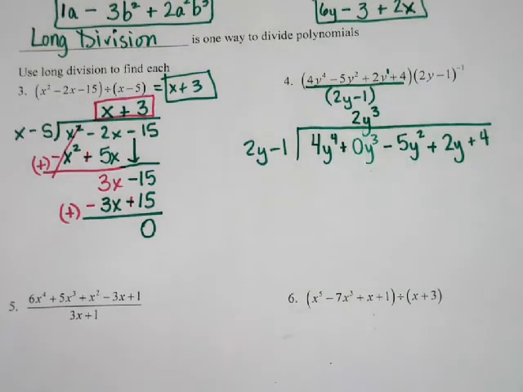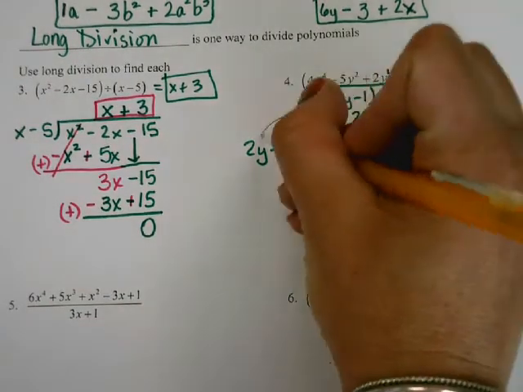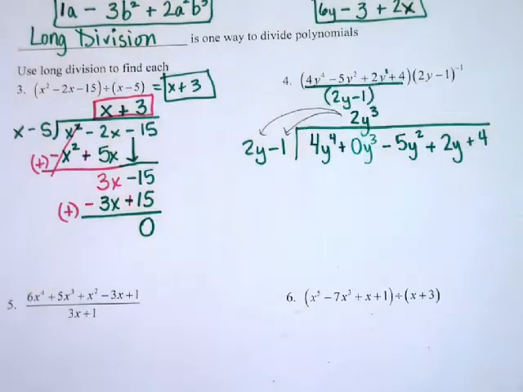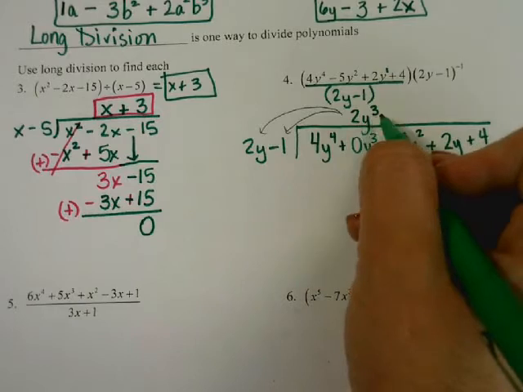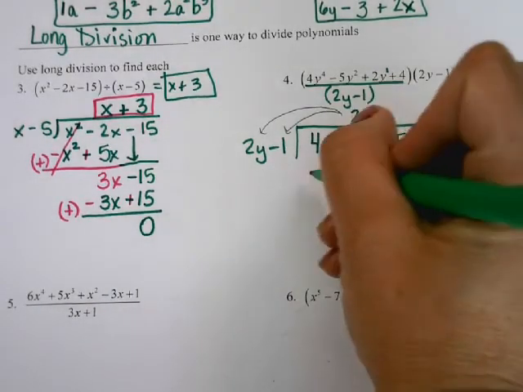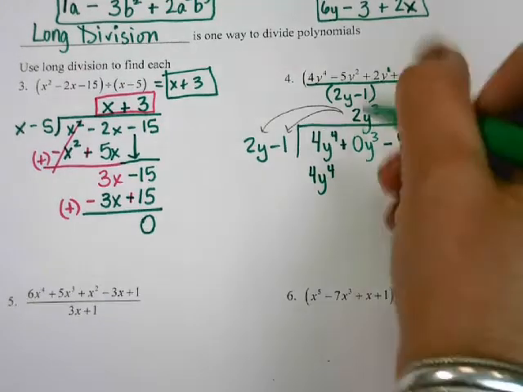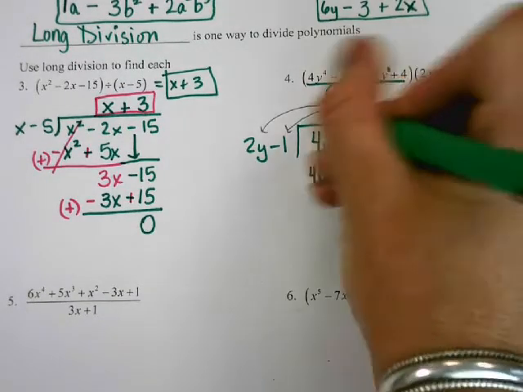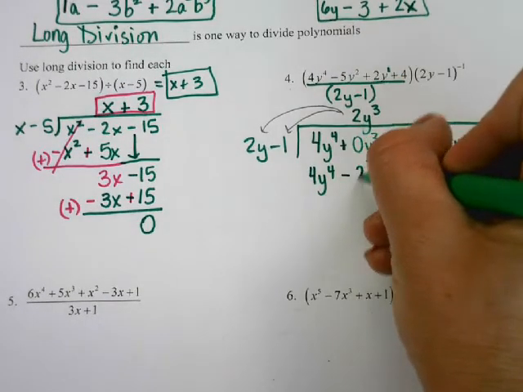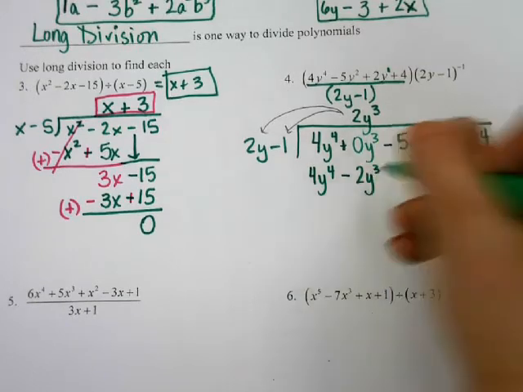Okay, so I'm going to multiply the guy on top by both things out front. So 2y to the 3rd times 2y gives me 4y to the 4th. 2y to the 3rd times a negative 1 gives me negative 2y cubed.